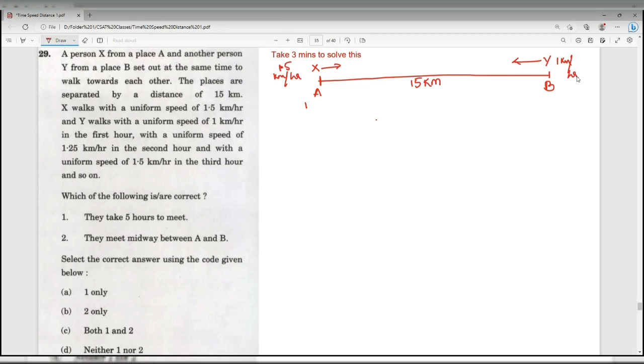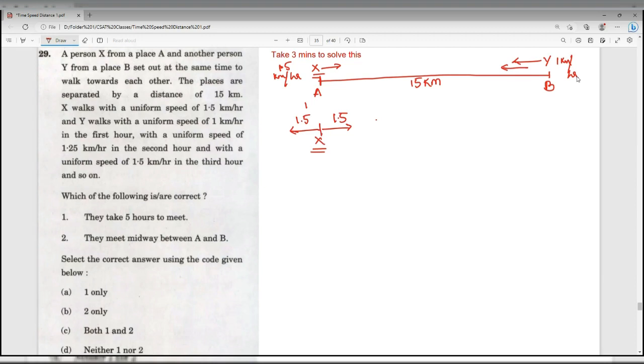So according to the relative concept, for example, let's stop this X. X is moving this side. To stop the X, we have to add speed in the opposite direction. So X will be stagnant. So if this is 1.5, this side also we have to add 1.5. So Y's speed will also be, we'll add that same speed for Y also.